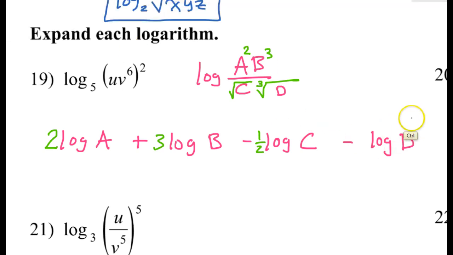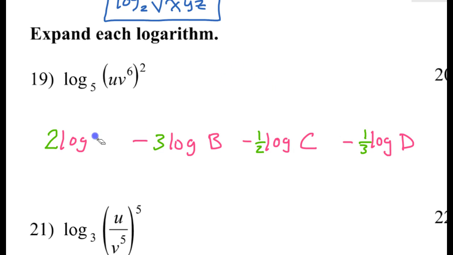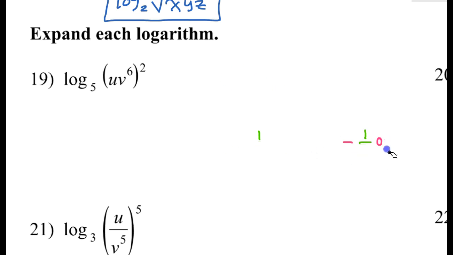That would be the same thing as the 1/3 power, but then that's going to end up again in the front. So if I had a problem like this, then this would be the answer. Okay, let's see what happens.